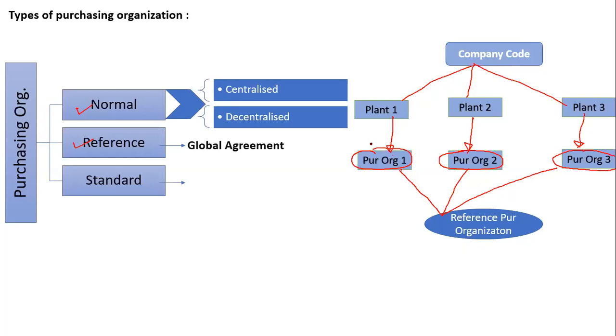Third one is standard purchasing organization. Now, if I have a plant and this plant has different purchasing organizations, let's say purchasing organization 1, purchasing organization 2, purchasing organization 3, I can create one of them as a standard purchasing organization.